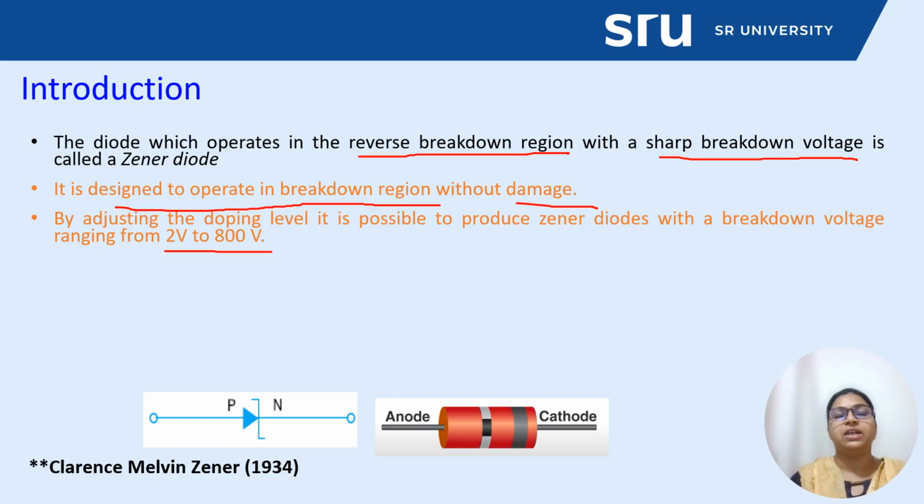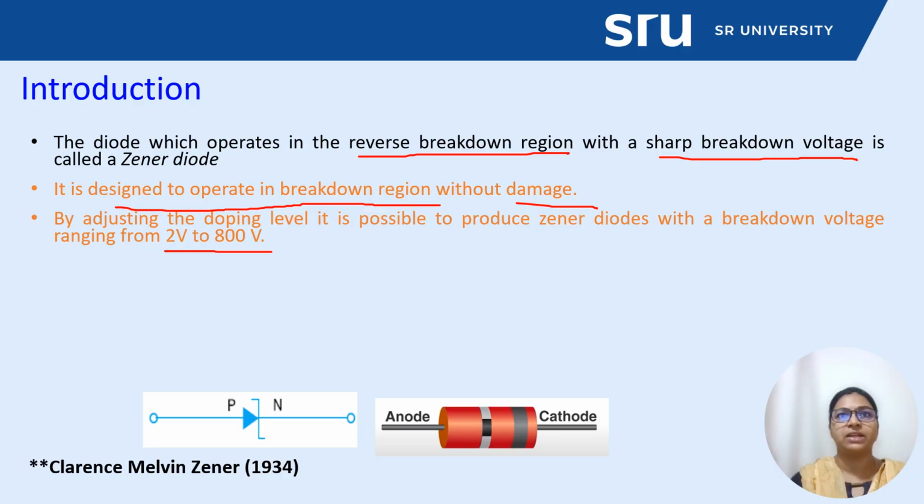So basically, this unique behavior makes the Zener diode incredibly useful, especially in voltage regulation. For example, if we are designing a circuit and we need a constant voltage, suppose 5 volts, regardless of any fluctuation of the input power, a Zener diode can be used to clamp the voltage and protect sensitive components.